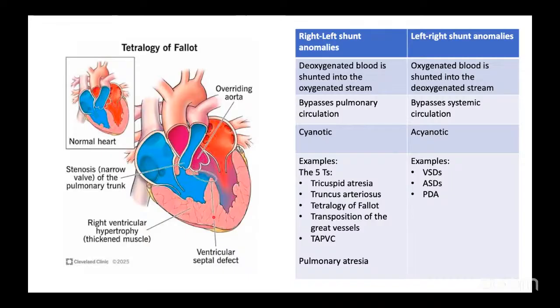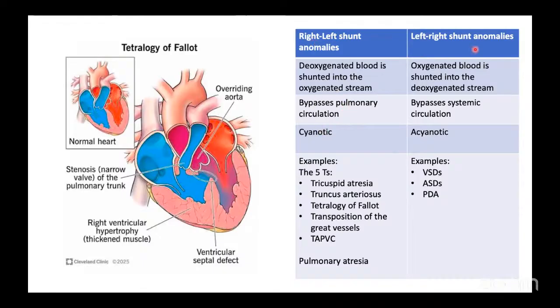The third part of the question is differentiating right-left and left-right shunt anomalies, or rather the classification of the shunt anomalies. The right-left ones are cyanotic, because blood is bypassing the pulmonary circulation and not being oxygenated. Deoxygenated blood is shunted into the oxygenated stream, from the right side to the left side without passing the lungs.